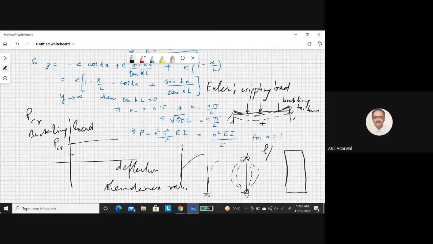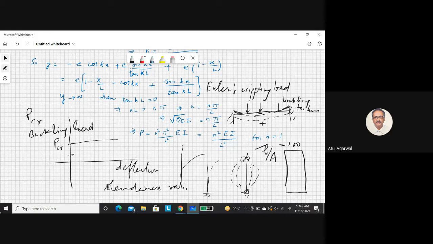Length of the column upon area of the cross section. If you have a very large length, if this is like 100, so that 100 value is the critical value. You will not like to design a long column. If that is happening, you will change the cross section. So such stuff you will see when you are designing against buckling.